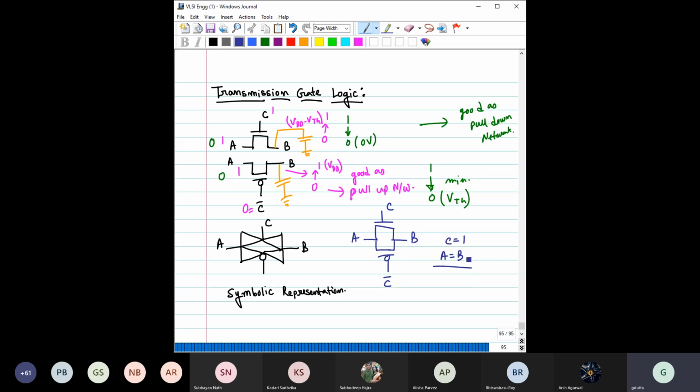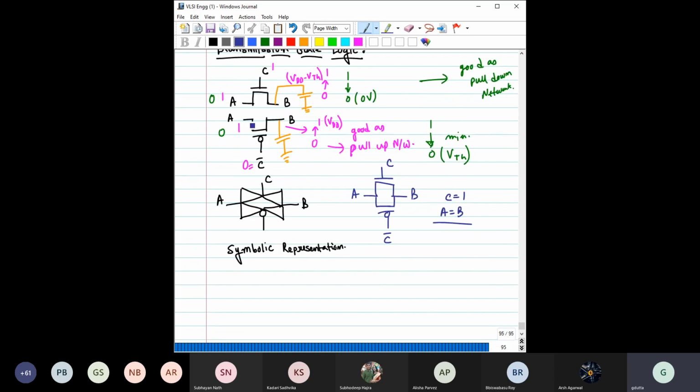Okay. And the symbolic representation is like this. But I always find this symbolic representation very hard to draw all the time. So I feel that rather than drawing it like this, putting the transistor level symbol and drawing it like this would save more time. See how easy it is to draw a transmission gate like this.